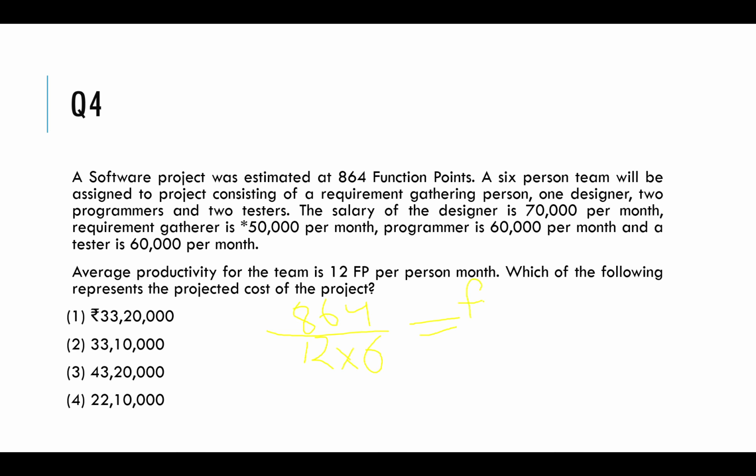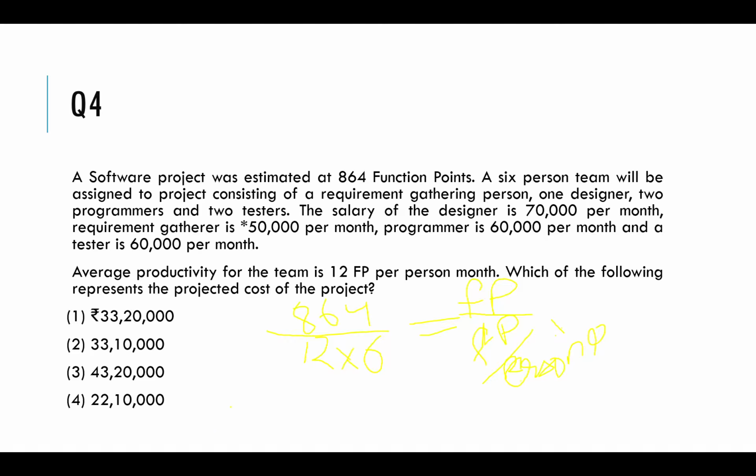You can also take it as a formula: the total number of FP divided by the function points each person does per month and the number of persons gives the total number of months required to implement the project.